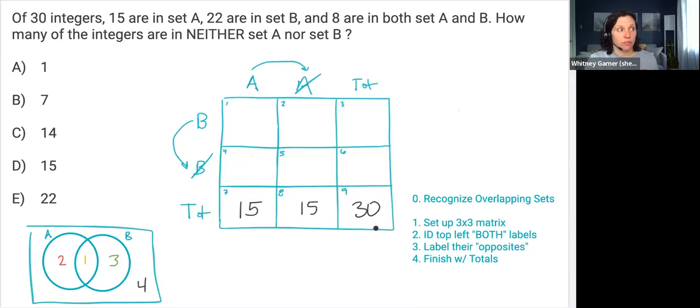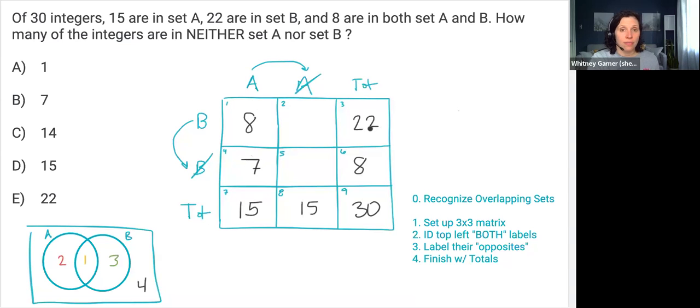I've got the same information for B. 22 are in set B, meaning total, which leaves 8 people, or 8 integers, I should say, not in set B. They tell me that there are 8 in both. And so from there, I can fill out every other category. If there are 8 in both, that would imply 7 to get up to my 15.